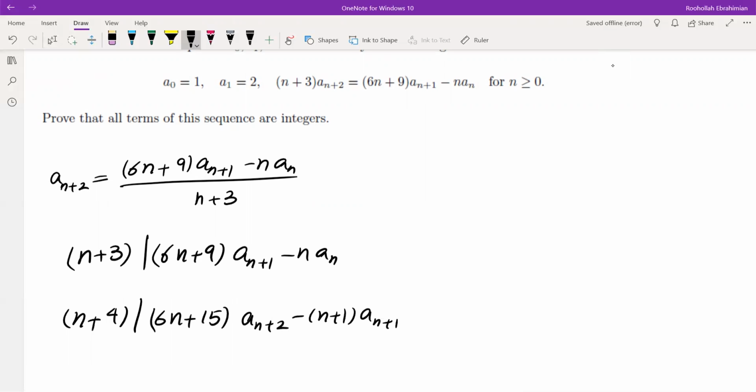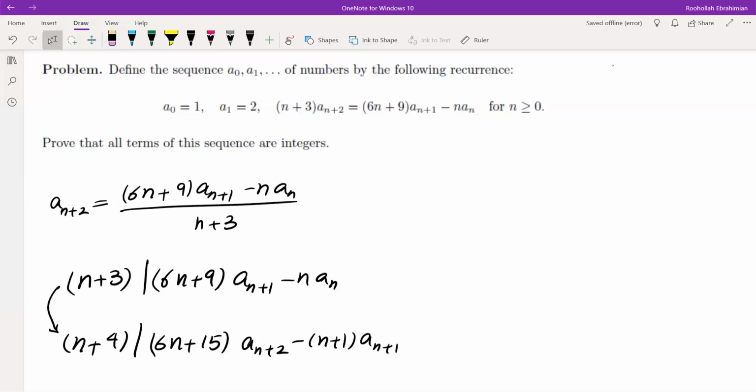That is very problematic for me because how am I going to go from mod n plus 3 to mod n plus 4? Those are completely separate issues. So that doesn't seem plausible either. So what else can we do?